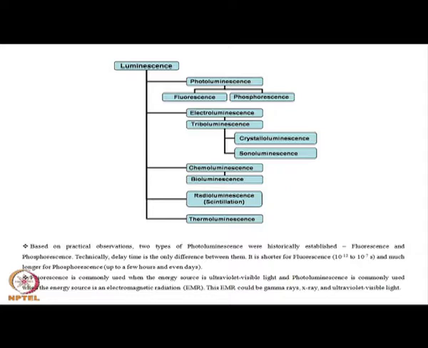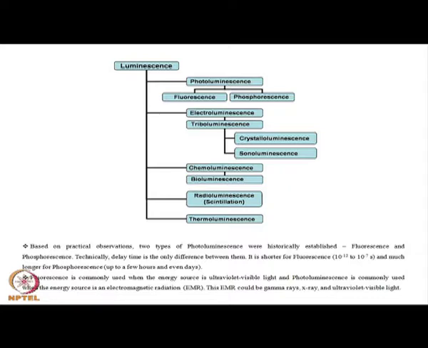Fluorescence and phosphorescence, as you know, are two light-emitting phenomena, distinguished by their time scales and also by the spin multiplicity of the system, whether it is a spin-forbidden process or a spin-allowed singlet-to-singlet or triplet-to-triplet process. Based on that, it is called phosphorescence or fluorescence respectively.